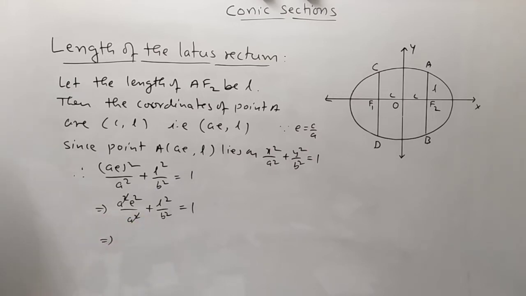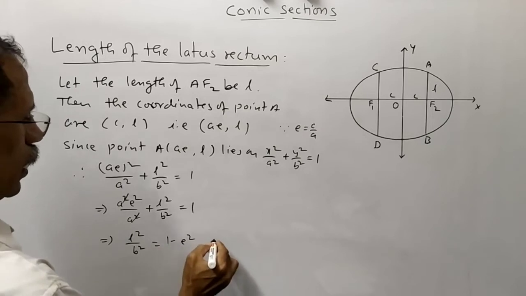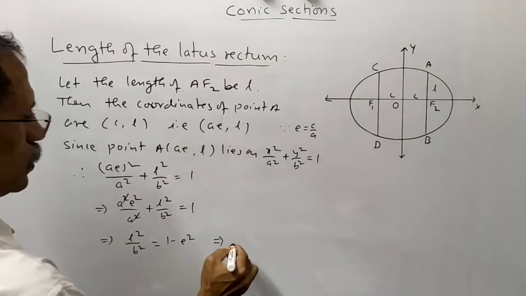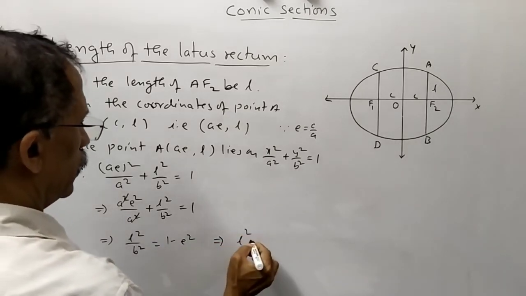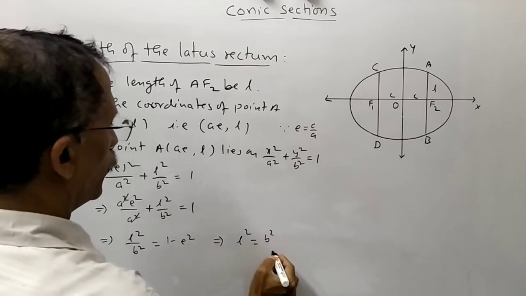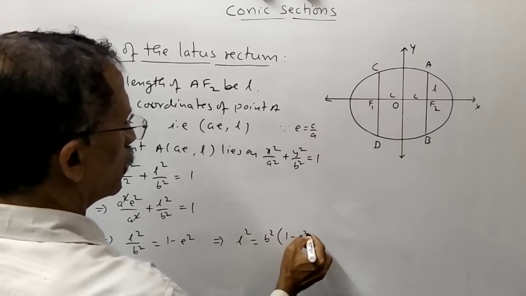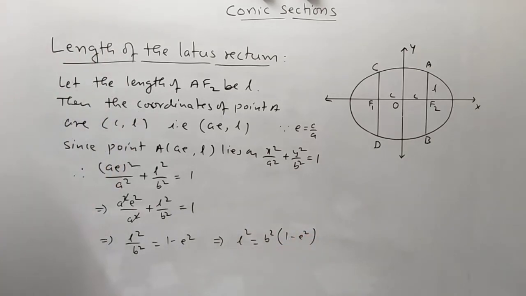This implies l square by b square is equal to 1 minus e square, implies l square is equal to b square into 1 minus e square.